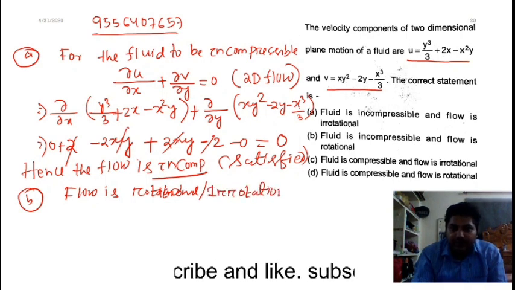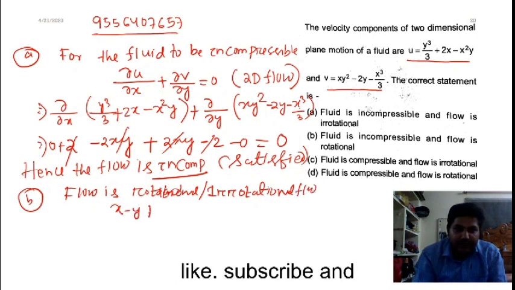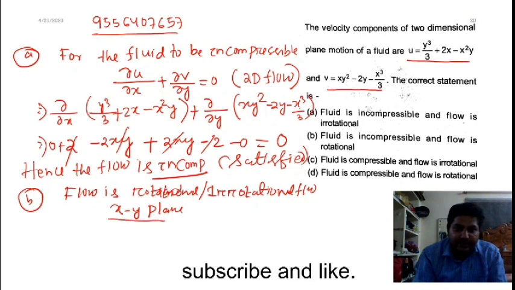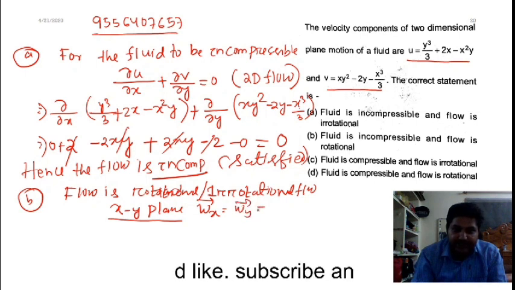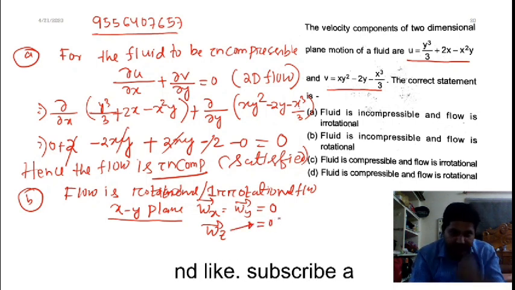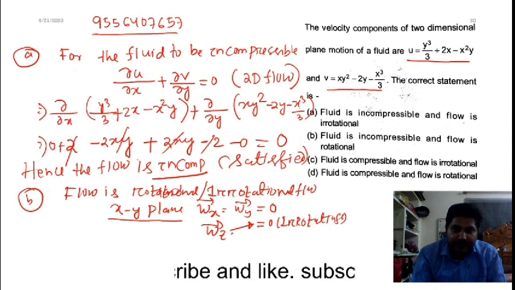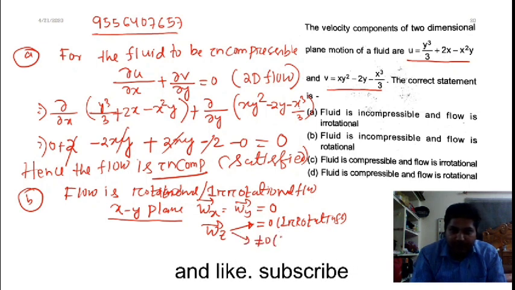Here the flow is happening in the XY plane, so definitely the angular velocity in the x direction and in the y direction must be 0. But if you check the angular velocity in the z direction, and it comes out to be 0, then this is an irrotational flow. But if it does not come out to be 0, then it is a rotational flow.